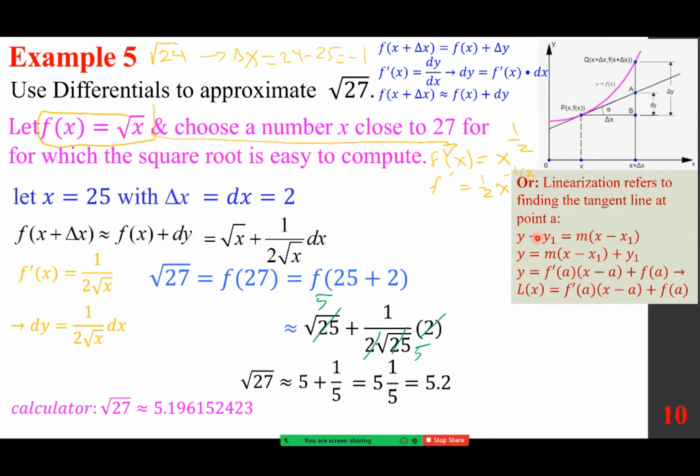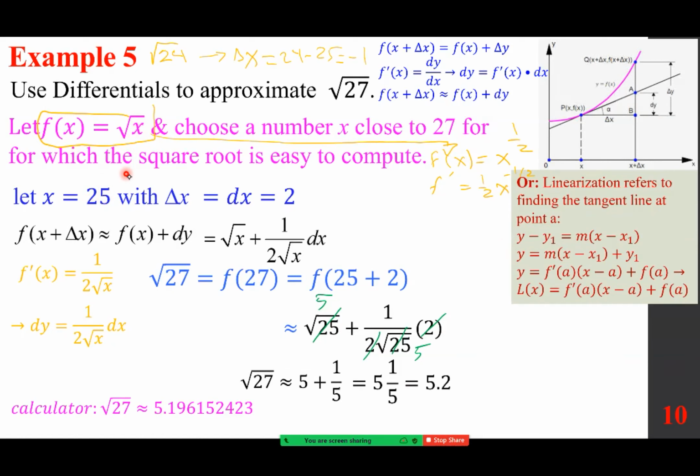So first and foremost, what is your pair? X comma y. X is 25. What is y or f of 25? 5. So the square root of that is 5.